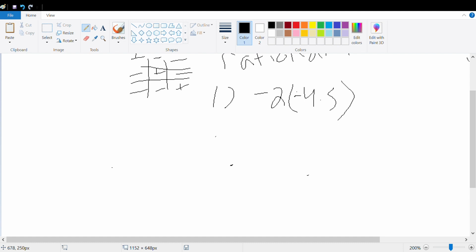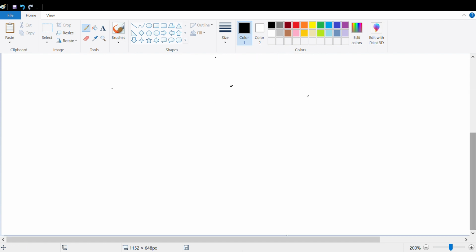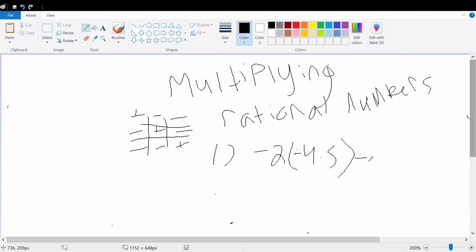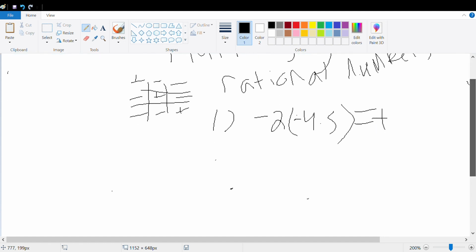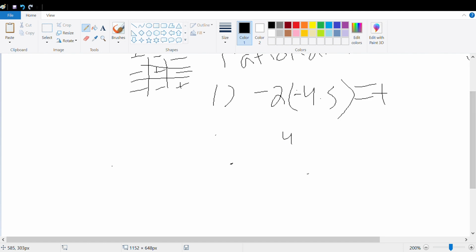Okay, so how we do this is we take the numbers and we just multiply them by each other, but see, it is two negatives, so our outcome is going to be a positive. Okay, so we might as well just multiply the positive versions of the numbers.